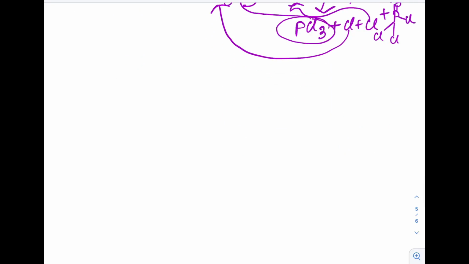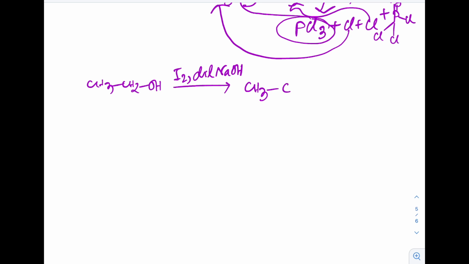Ethanol, when treated with iodine and dilute NaOH, CHI3 will be formed, and the side product will be sodium formate, because in the presence of iodine, at first the alcohol will be oxidized to CH3CHO, and that CH3CHO finally takes part in the iodoform test.